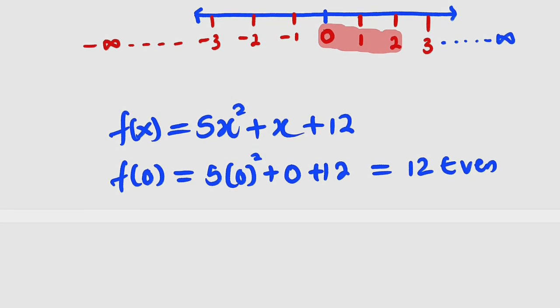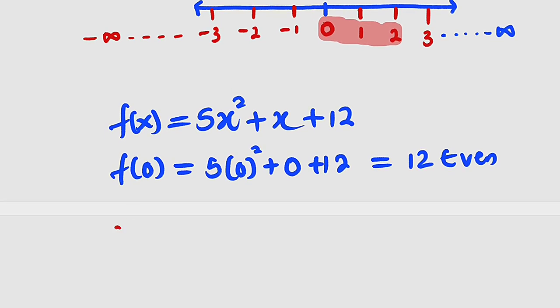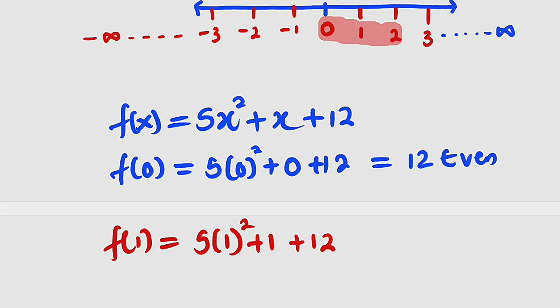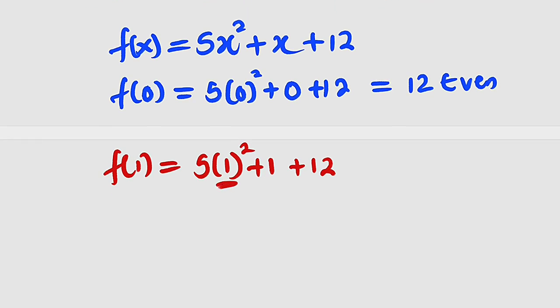All right, let's test for 1. f of 1 is equal to 5 times 1 squared plus 1 plus 12. Let us simplify. 1 squared is 1 times 5 is 5, then 5 plus 1 is 6. 6 is an even number. An even number plus an even number is also an even number, because altogether we have 18, and 18 is indeed an even number. Let me test the last one here.